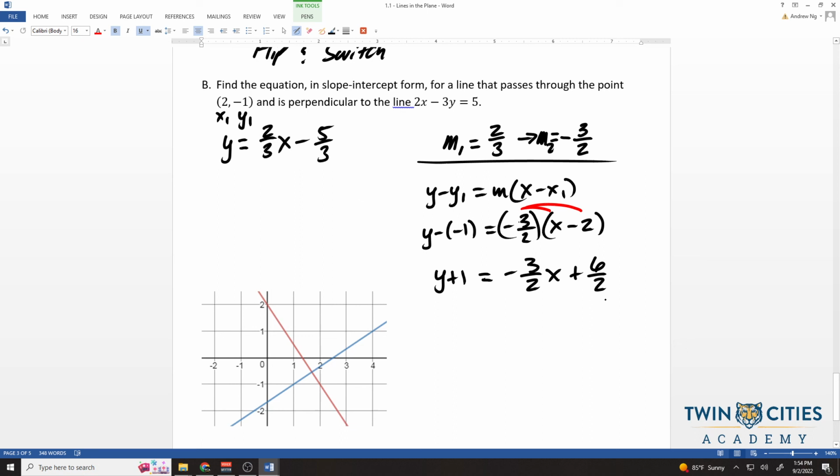I can reduce this. This is simply 3, because 6 divided by 2 is 3. Finally, subtract 1 from both sides. And the equation for this perpendicular line is y equals negative 3/2 x plus 2.